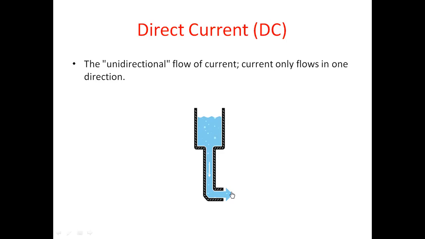This is for the water tank. Similarly, for an electrical circuit, if we consider the battery, the current also flows in only one direction. Here, once the tank is empty, water no longer flows through the pipes. Similarly, when a battery is completely discharged, it will not be useful for applications.